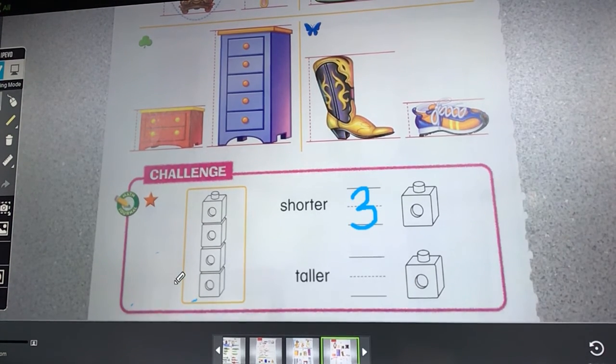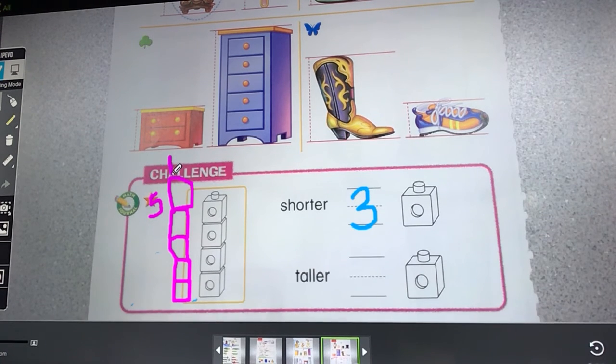You could do how many? Yes, here is 4, which would be the same. If I add 1 more, it would be 5. That would be taller.